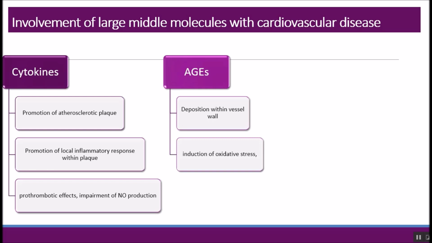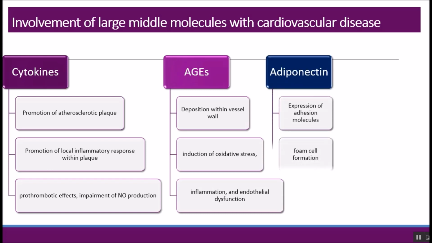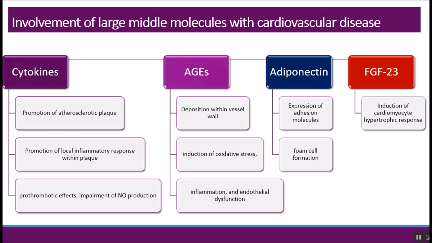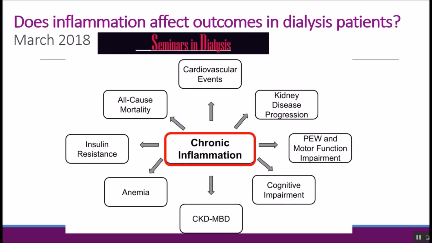Advanced glycation end products deposit within the vessel wall, inducing oxidative stress and inflammation as well. Adipokines increase expression of adhesion molecules, while growth factors can induce cardiomyocyte hypertrophy. All of those can induce a chronic inflammatory reaction inside the blood. This can lead to cardiovascular events, kidney disease progression, protein energy wasting, CKD-MBD as well, anemia, and insulin resistance.